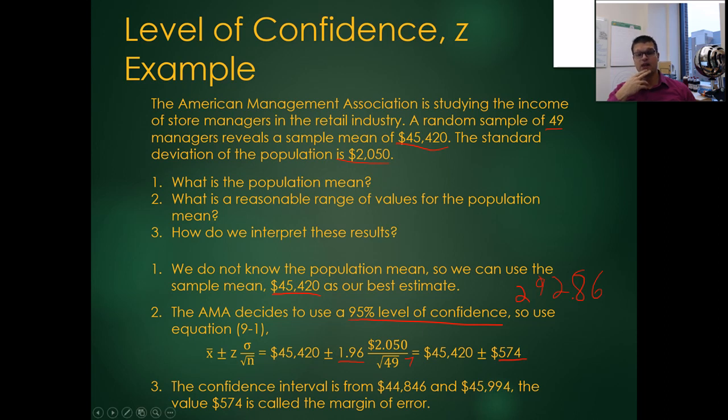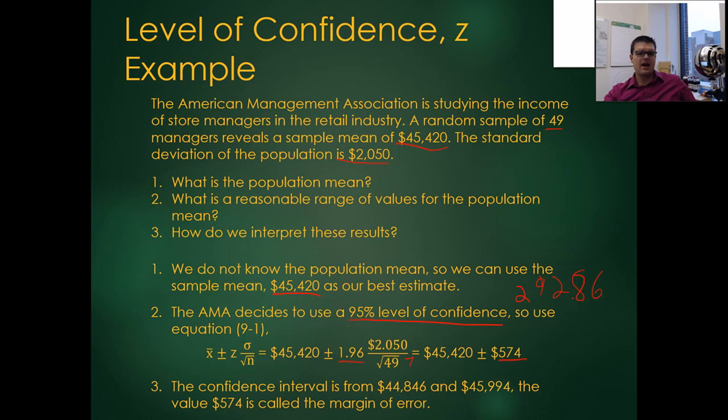So the confidence interval, or the range where I've got a 95% level of confidence that the population parameter for the mean resides, is between 44,846 and 45,994. So the value of 574 is called the margin of error. So I've got a margin of error of $574. So how confident am I? Or better yet, what is the population mean?